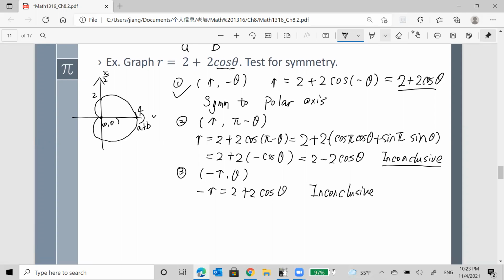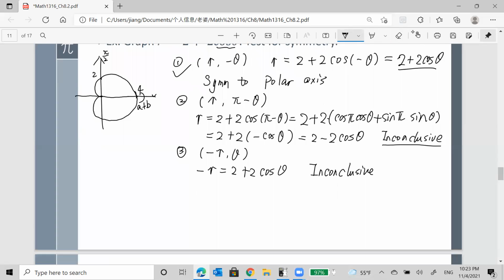I should say this is the pole, because I don't know if the starting point is here or not. So let's just say this is the pole. The distance from here to here is a plus b.